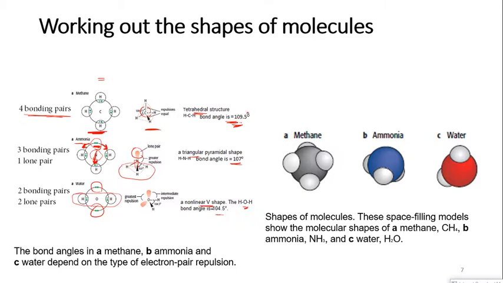So we could see that if I'm increasing the number of lone pairs, I'm increasing the distance between the lone pairs and any bonding pairs around them.